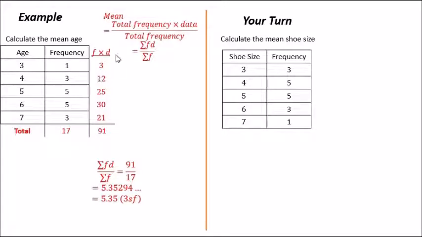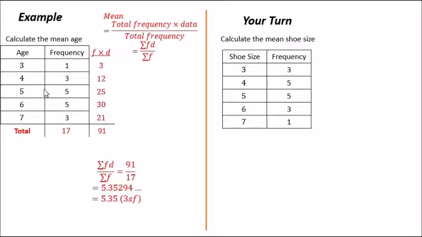So the first thing I did was I calculated the frequency multiplied by the data, which is called FD. And then when you find the mean, you add up all of your data. So frequency times data is the sum of all of the data for age 3. The 12 is the sum of all of the data in this row.